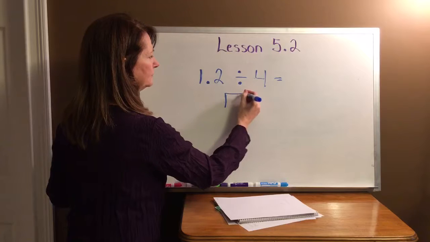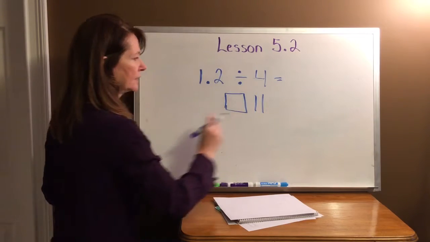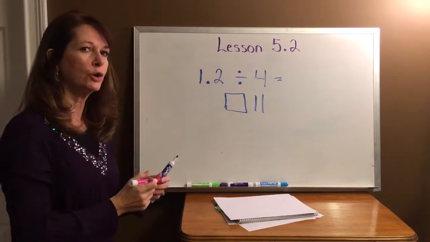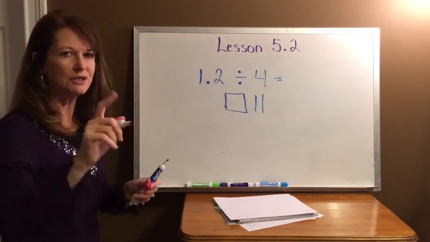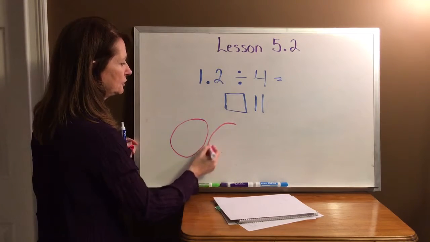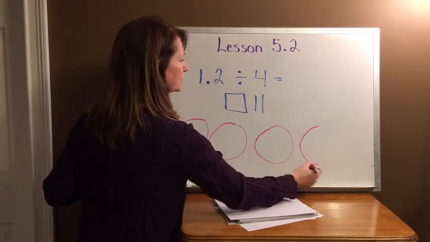We've got 1 whole and we've got 2/10. And we're going to need that divided into 4 groups. So I'm just going to go ahead and draw those out. So we have 1, 2, 3, 4 groups.